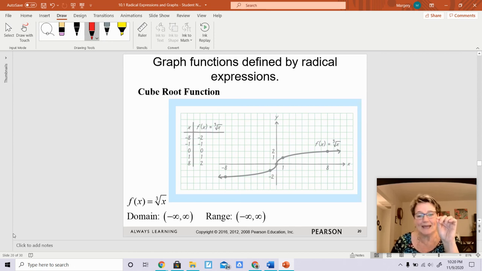So my domain is anywhere to the negative x-axis and anywhere to the positive x-axis. That's why it's negative infinity to positive infinity. Same thing with range. Range means it goes to negative infinity all the way down here eventually, and all the way up there eventually. So that's what a domain and the range would be. The domain is your x-axis, your range is your y-axis.